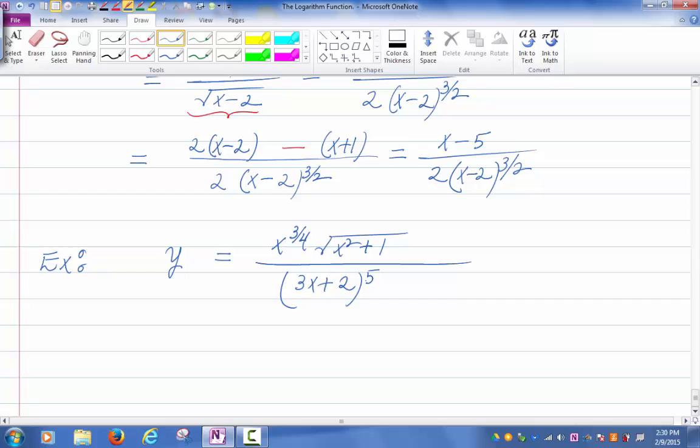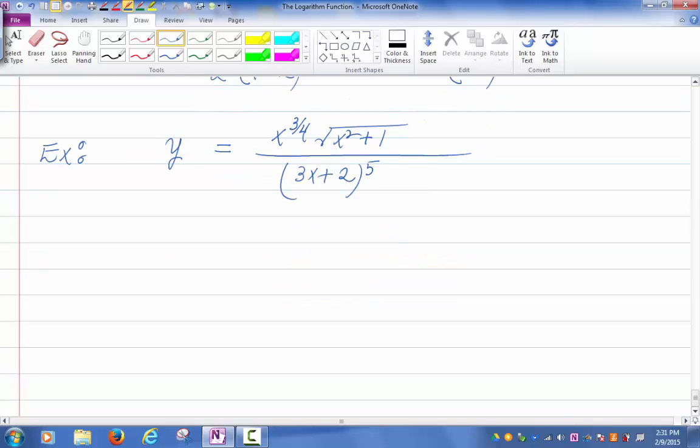So basically, whenever you have a function which has many factors, some of the factors might have negative powers, for example, then you can always apply the log rule to break up the function into simpler functions. Okay, so in this case, I'm going to apply the log. So if I apply the ln of y, I am going to get what?